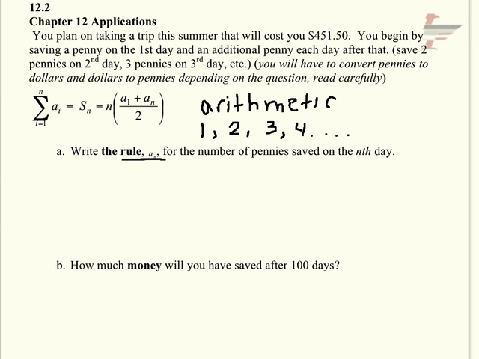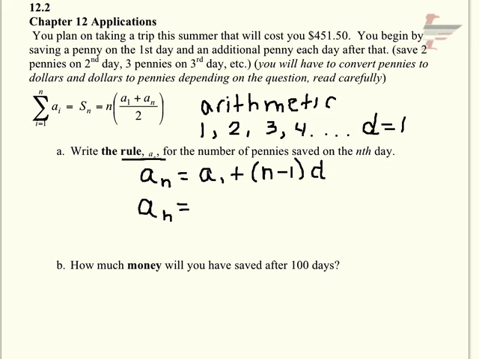So to write a rule, and I don't have the rule formula here, but I will write that out. For arithmetic sequences, it's a sub 1 plus n minus 1 times the common difference. If you go back up here to my sequence, my common difference is definitely 1 because it's adding 1 every time.